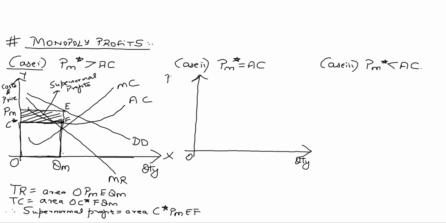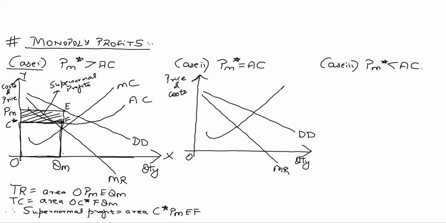Let's look at the second case. So this is my initial demand. This is my marginal revenue. This is my marginal cost. Monopolist produces where MR is equal to MC. Price charged by the monopolist is given by the demand curve.